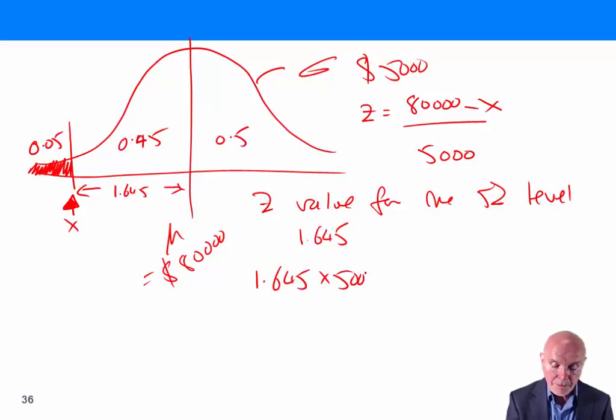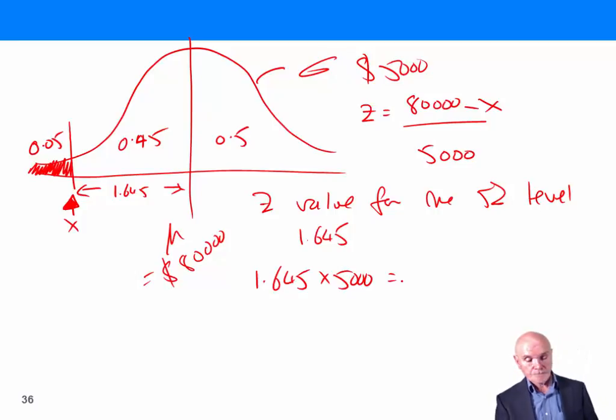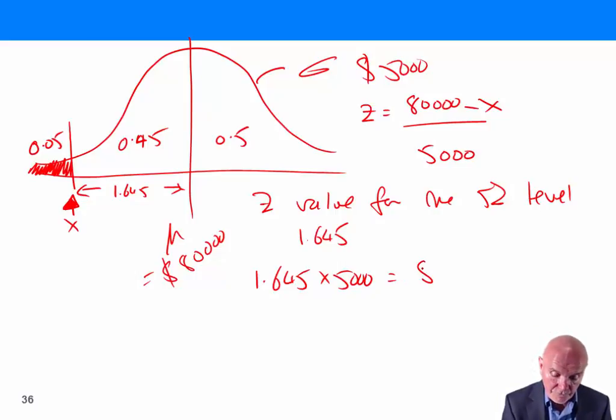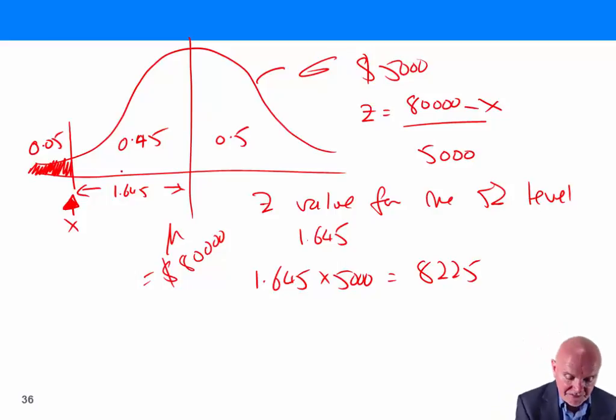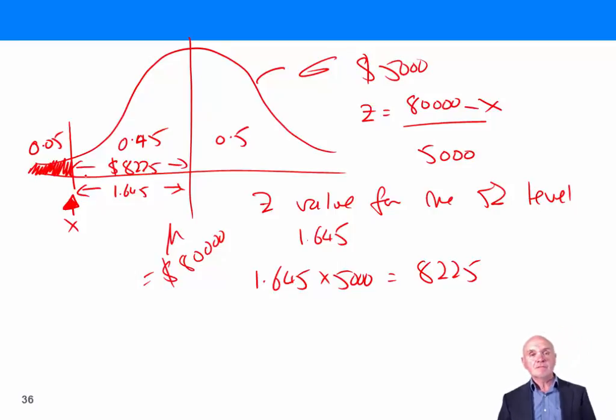So 1.645 times 5,000 is 8225. So this distance here in terms of money is 8225.